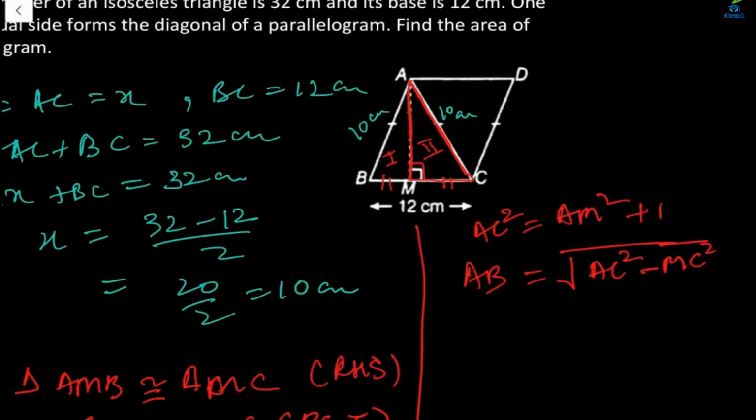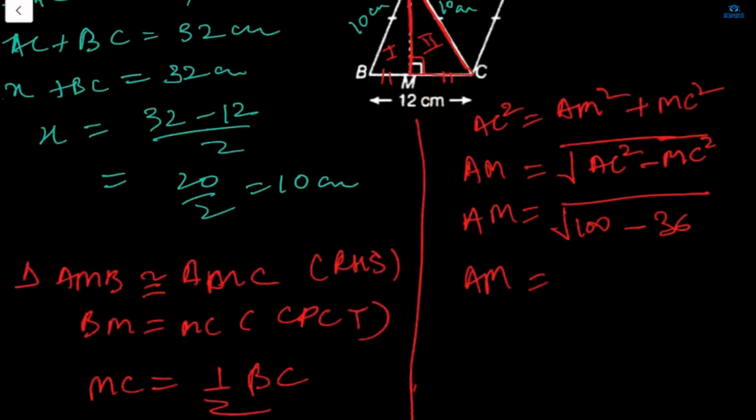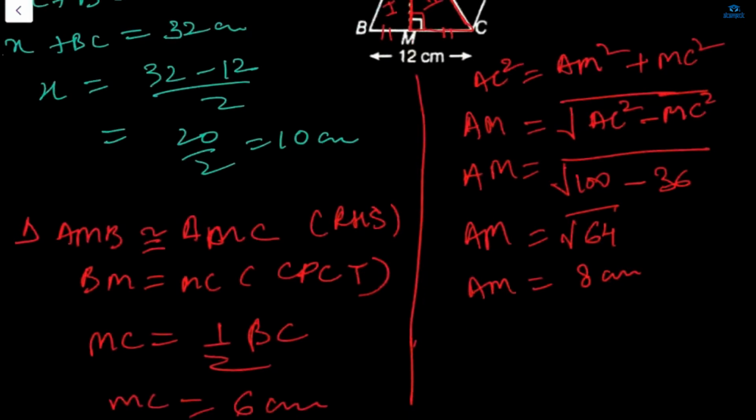So AM will be equal to AC is 10, 10 square will be 100, minus MC is 6, 6 square will be 36, that is 64, root 64. So AM will be 8 centimeter. We'll be taking the positive value because we are talking about distance, so we'll not go with the negative value. We'll get plus minus 8, but I'm just considering the positive value.